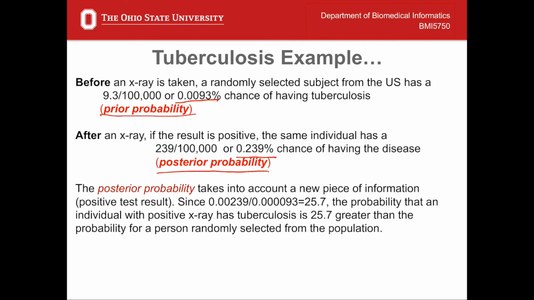This is called the posterior probability. The posterior probability takes into account a new piece of information which came from the positive test result. We divide the posterior probability by the prior probability, and it equals 25.7. This means that the probability that an individual with a positive X-ray has TB is 25.7 times the probability for a person randomly selected from the population.